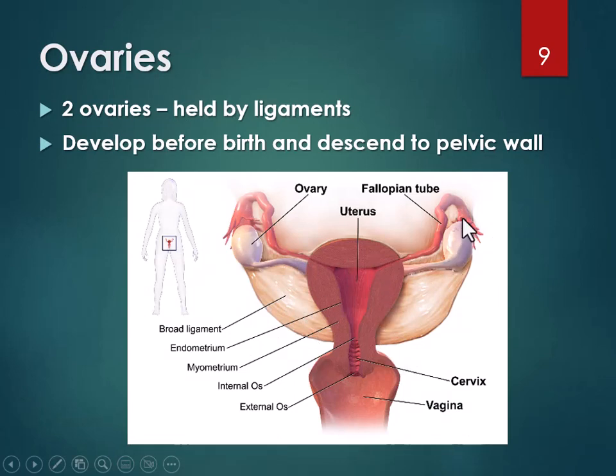Okay, we'll see that again here. You can see the ovaries, the fallopian tube, the uterus, and the cervix. Again, you have 2 ovaries held there by ligaments. They develop before birth and stay there, just like the testes do in the male.